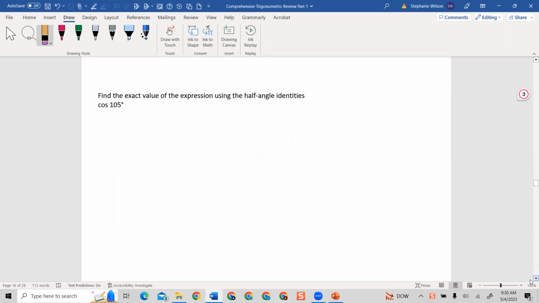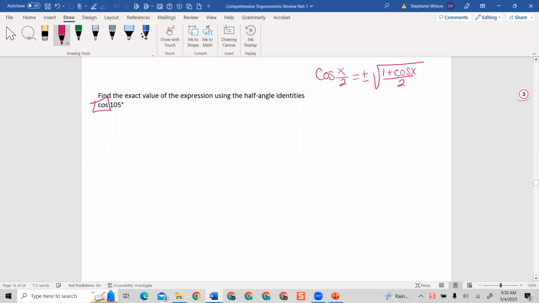All right, it says find the exact value of the expression using the half angle identities. All right, so we can go back to that section and get our half angle identity. It's cosine of x halves equals plus or minus the square root of 1 plus cosine x divided by 2. And the reason I chose cosine is because it gave us cosine of 105 degrees.